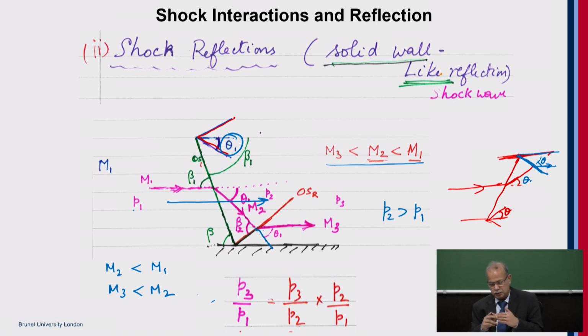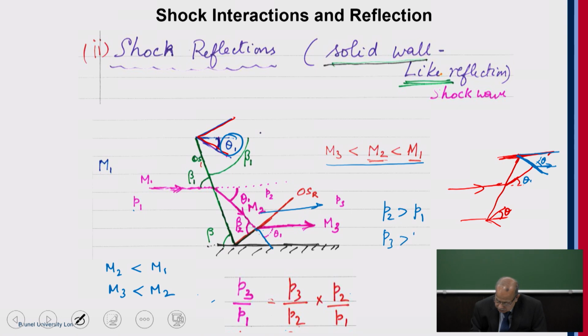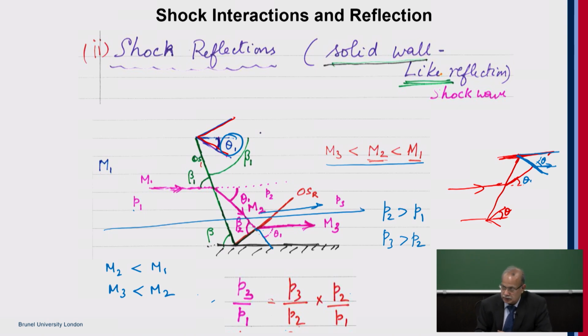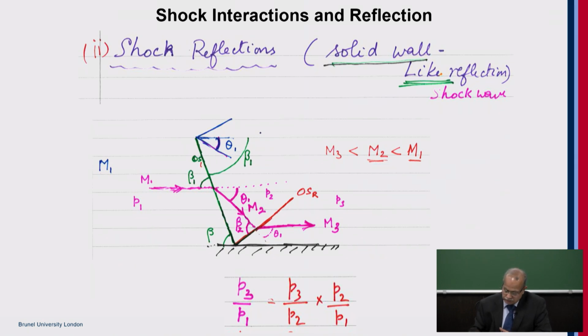Flow encountering an oblique shock, there's energy transfer, the pressure increases, temperature increases. Again, the flow going from 2 to 3, the pressure increases. Same with the temperature. But the total energy remains constant. So HT1 is equal to HT3 across the shocks.